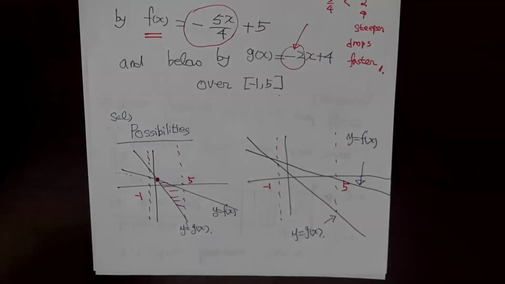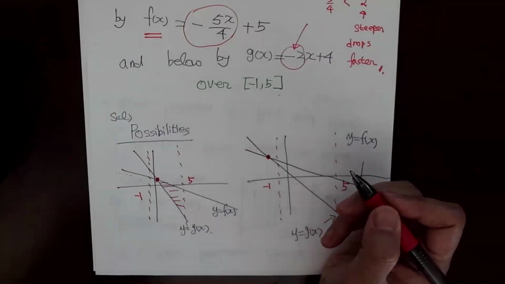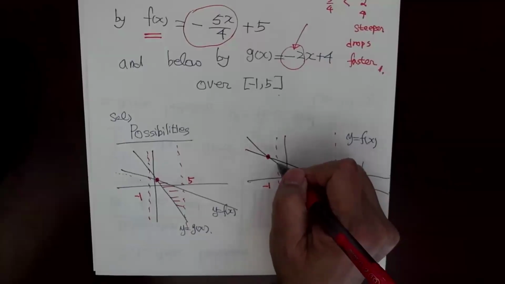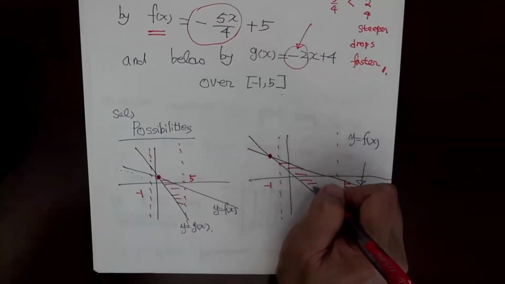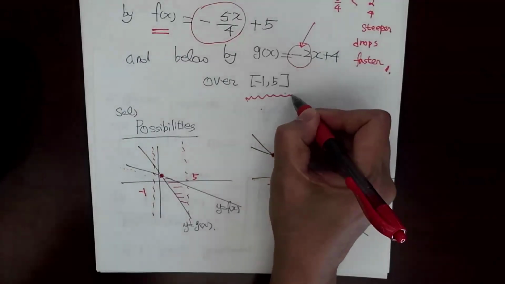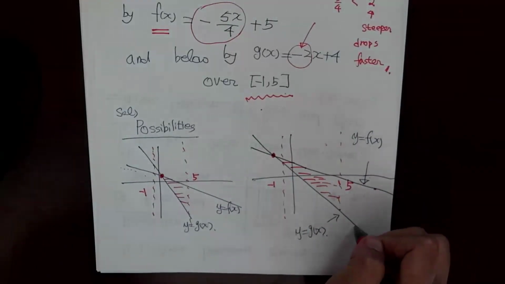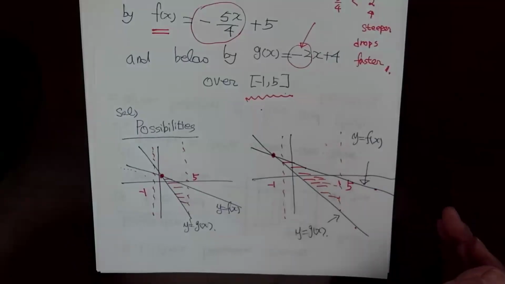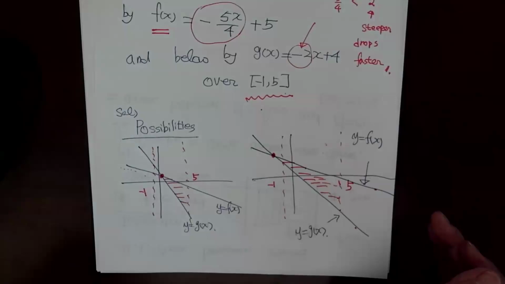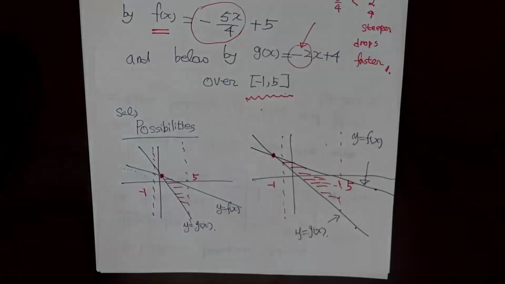So in this case, the intersection point is outside of -1 and 5. And in the region -1 to 5, f is always larger than g of x, right? Those are the possibilities for this problem.